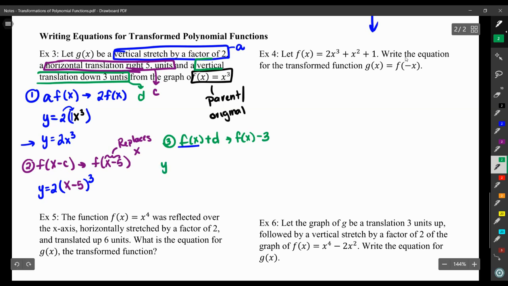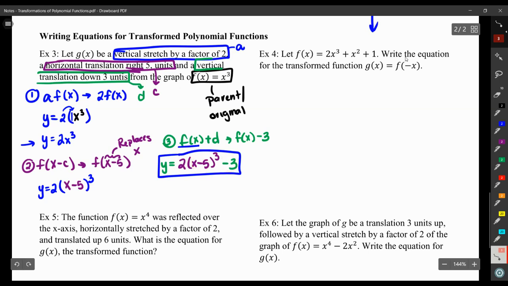So we have y equals f of x, which is this function here from step 2, 2 times x minus 5 to the third, minus 3. See if you can maybe combine any like terms. Unfortunately, this has an x to the third power, and this does not, so there are no like terms. So this is the transformed function. This guy has a stretch of 2, a shift to the right 5, and a shift down 3.